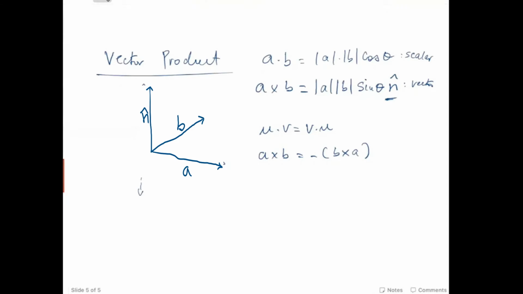So how do you compute the value of A cross B? You can either remember the formula as given in the book or in the video as well, or you can use a matrix form.